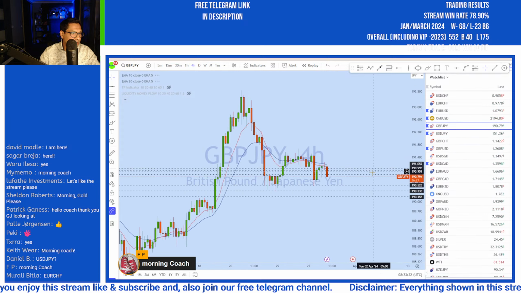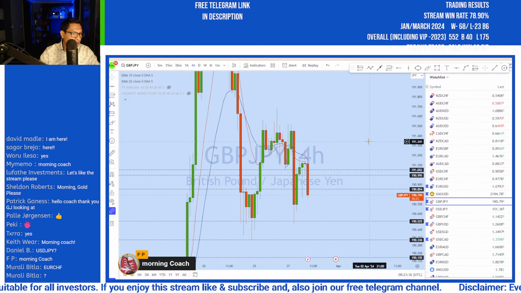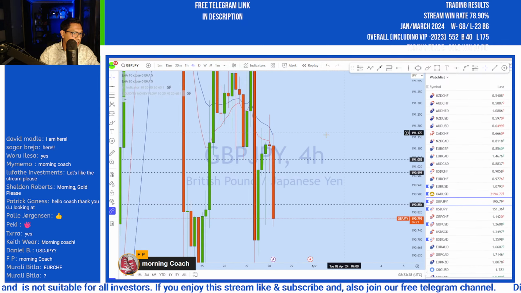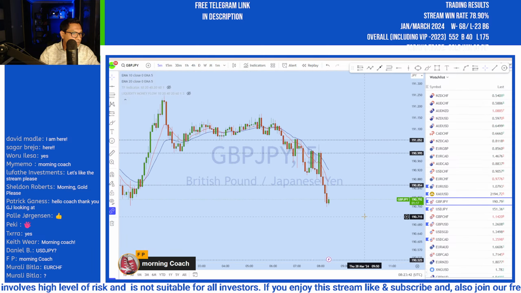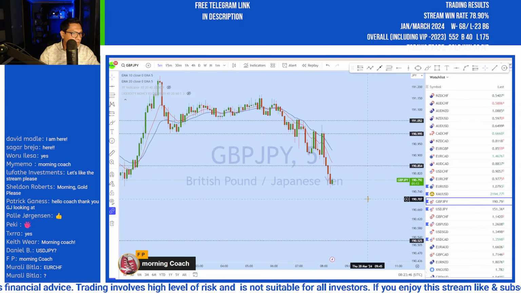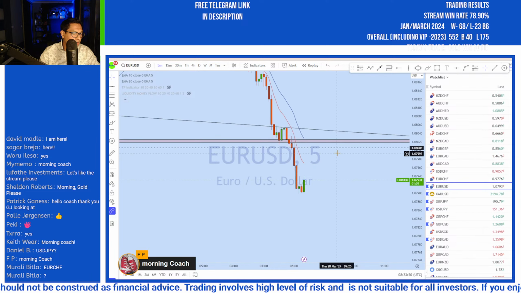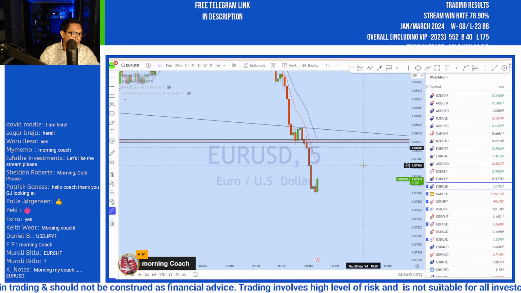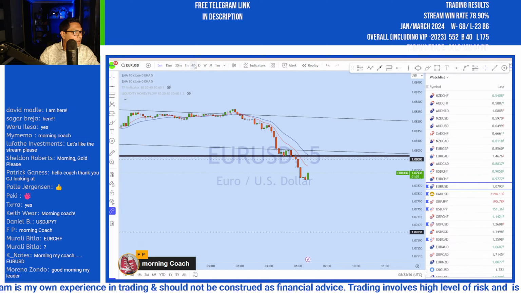So let's keep an eye on GJ and gold and euro dollar, because GBP JPY is nicely trending at the moment. So any kind of liquidity grab or very strong movement on those instruments, we can look for potential entry.